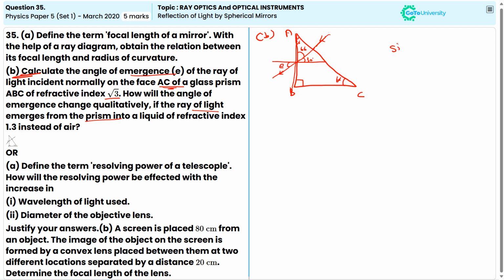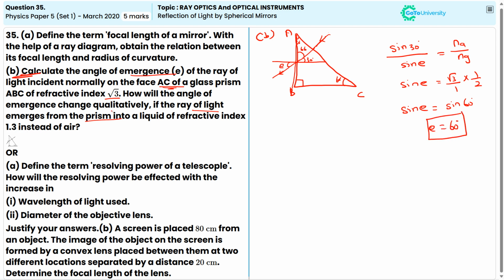We get sin 30 degree divided by sin e equal to n_a by n_g. So sin e equals √3 by 1 into 1 by 2, which is √3 by 2, nothing but sin 60 degree. So the value of e is 60 degree.